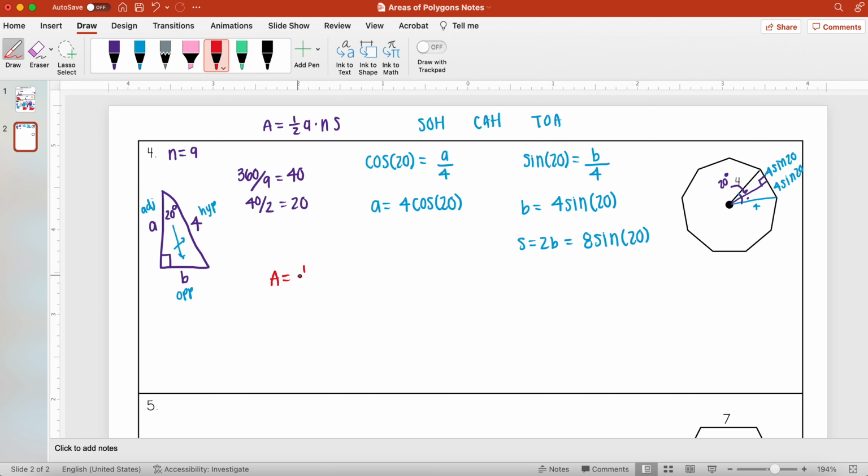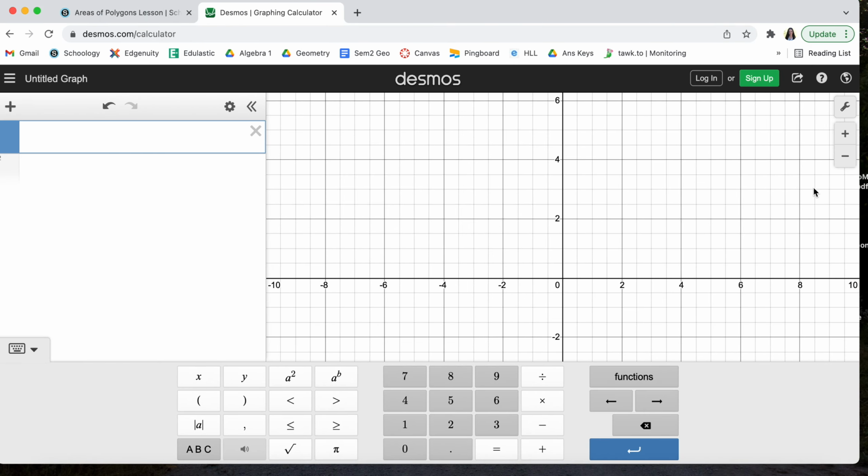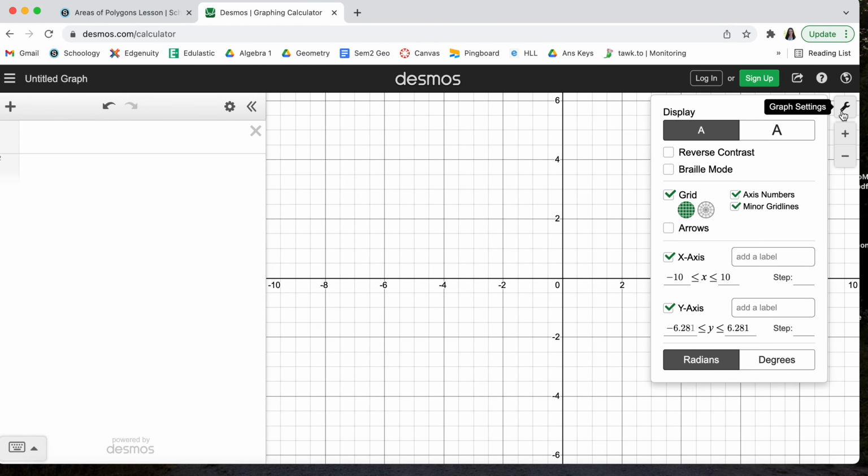So area is going to equal 1/2 a, which is 4 cosine of 20, times n, which is 9, times s, which is 8 sine of 20. And I can plug all of this in over in Desmos. So coming over here, first thing, make sure that you are in degree mode. So you're going to have to hit that wrench here and switch to degrees.